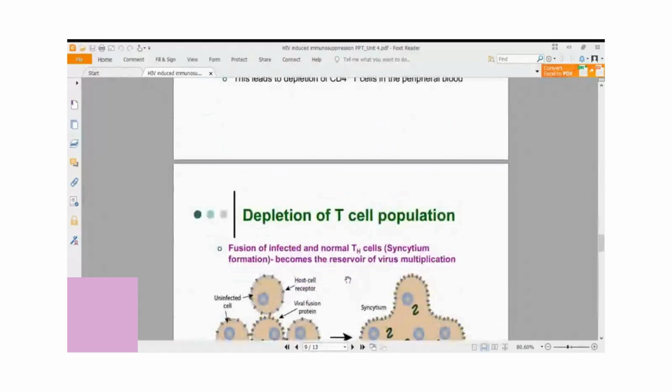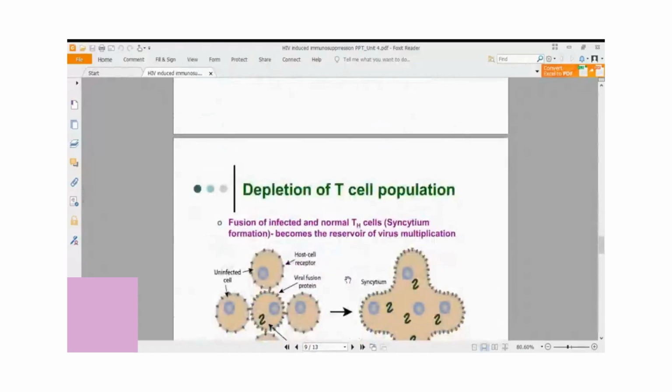Some TH cells may be infected by viruses. Some may not be infected by viruses; they are still yet to be infected. But what happens is, when the TH cell is infected by the virus, its membrane property is going to change.